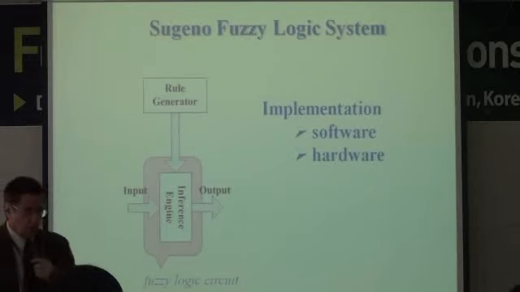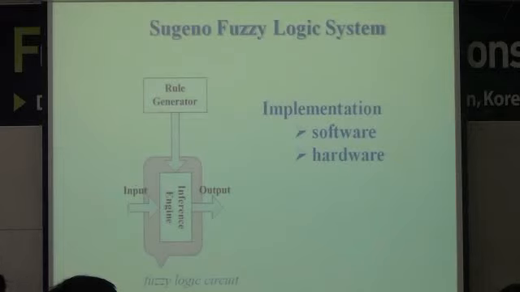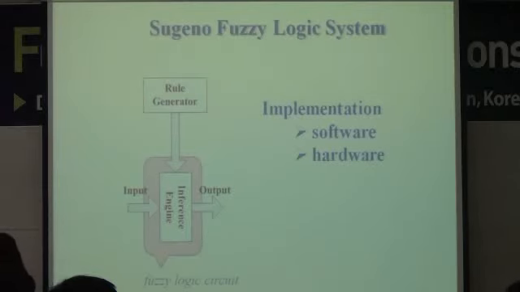But we may have two types of fuzzy logic system. One type is with a flexible rule generator, when we can generate new rules. But another type, which is very suitable for practice, is the fuzzy logic system with fixed rules, which were learned before application.